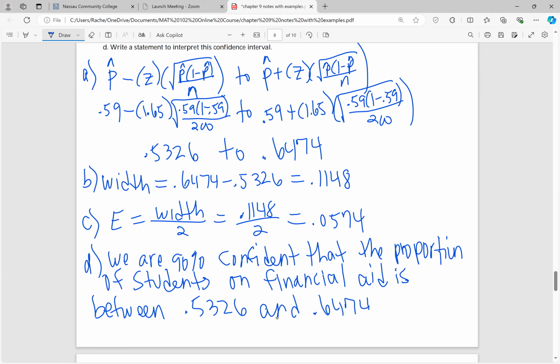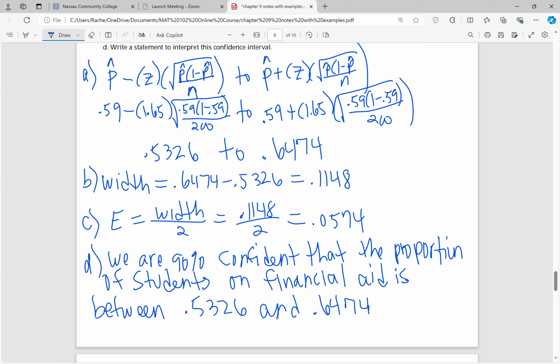So we're estimating the proportion of students that are on financial aid to be between about 53.26% and 64.74%. You can interpret it that way also, or you could just leave it in decimal form.